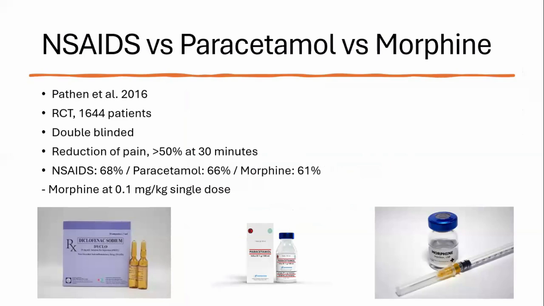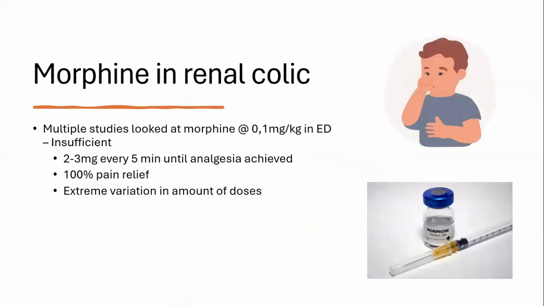They wanted to see the reduction of pain. Was it more than 50% at 30 minutes? NSAIDs, yes, 7% more than morphine, but it scored the best. It also has the additional benefit of being opiate sparing.